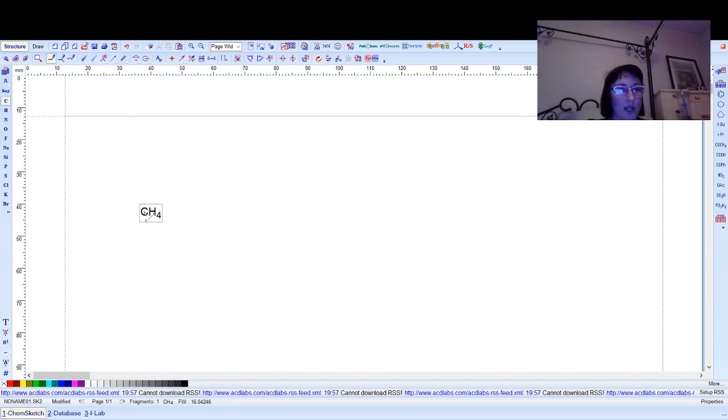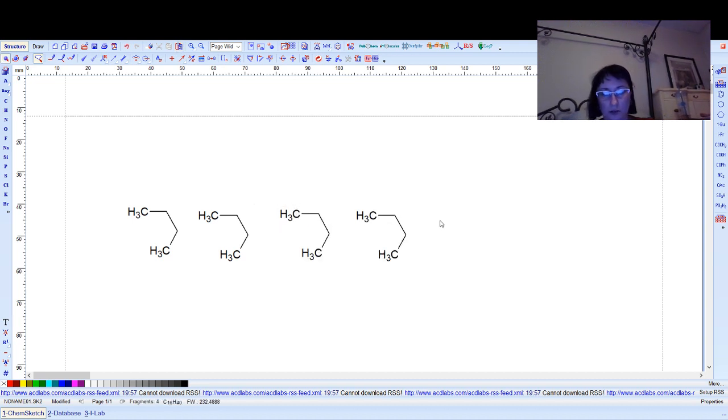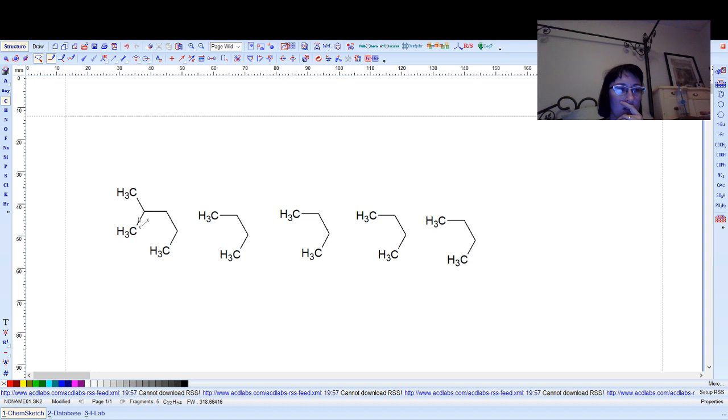So if I have butane, I'm just going to copy and paste this a few times. Okay, so where could my chlorines go? Maybe on one of the end carbons. That works, right?